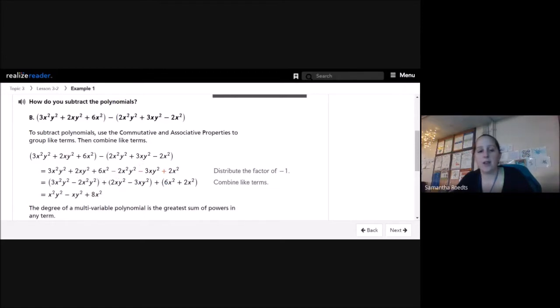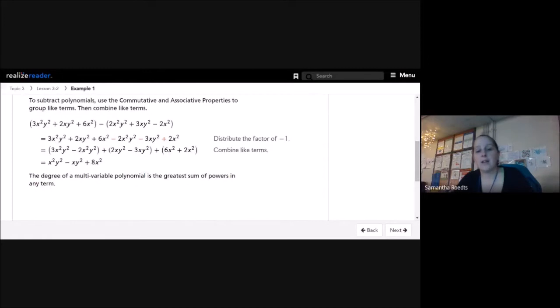So now I have negative 2x squared y squared minus 3xy squared plus 2x squared. Now I can combine like terms together: the 3x squared y squared minus the 2x squared y squared, plus 2xy squared minus 3xy squared, plus 6x squared plus 2x squared. When I do that, I get x squared y squared minus xy squared plus 8x squared.